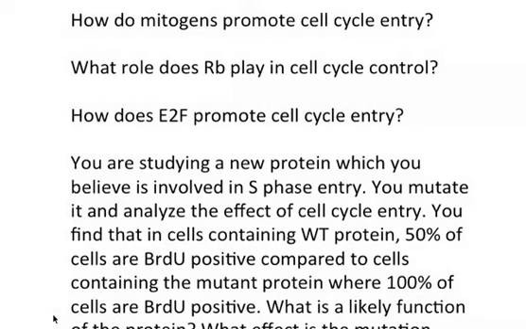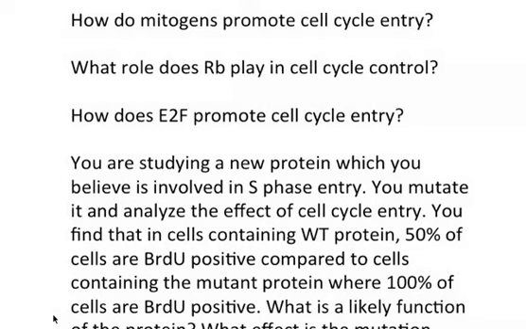Okay, so you're studying a new protein, which you believe is involved in S phase entry. You mutate it and analyze the effect on cell cycle entry. You find that in cells containing the wild type protein, 50% of cells are BrdU positive compared to cells containing the mutant protein, where 100% of cells are BrdU positive.